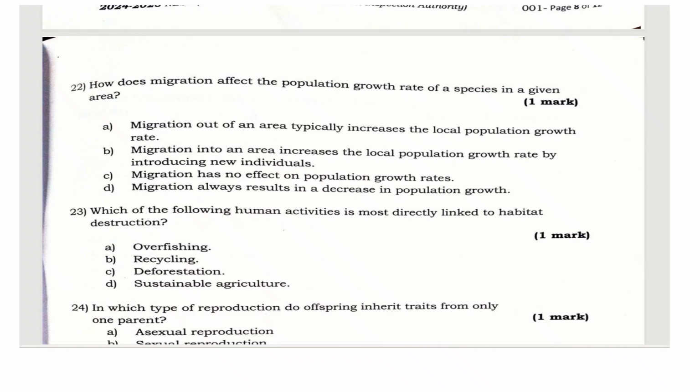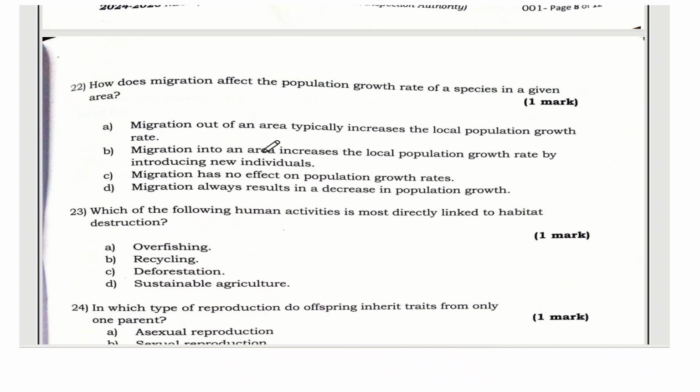How does migration affect population growth rate of species in a given area? A. Migration out of an area typically increases the local population growth rate.